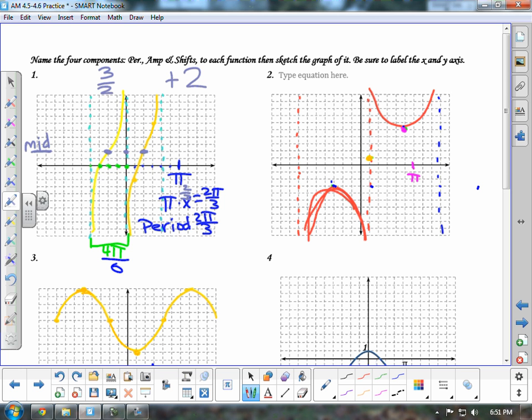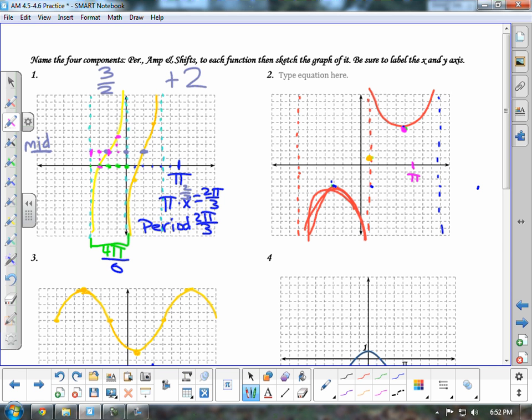Then the other thing you have to look at after that is what is the amplitude? And that would be halfway in between, which this is the halfway point from here to there. How far is it? And it looks like it is down 2 and up 2.